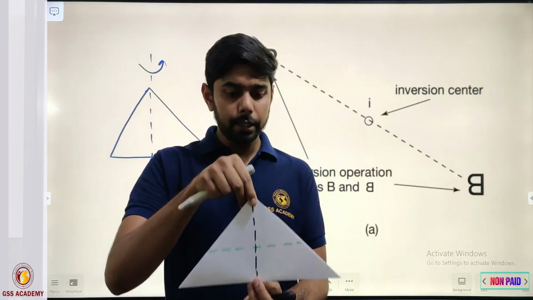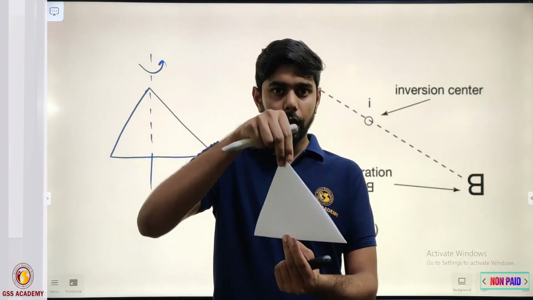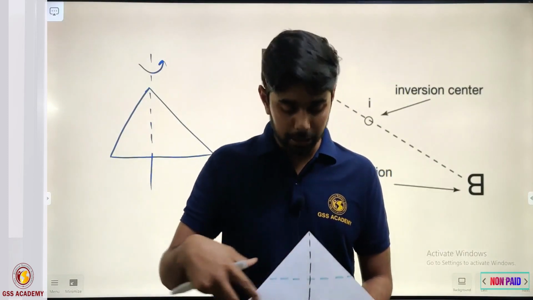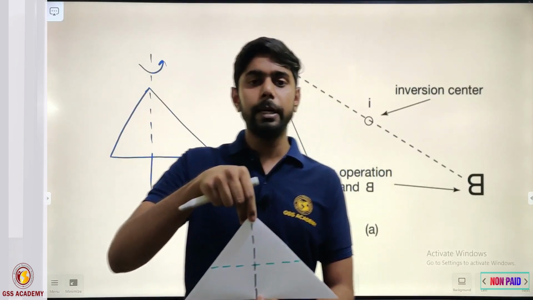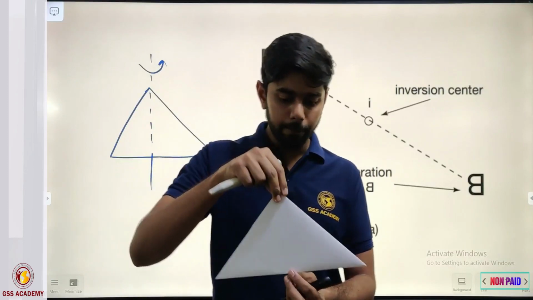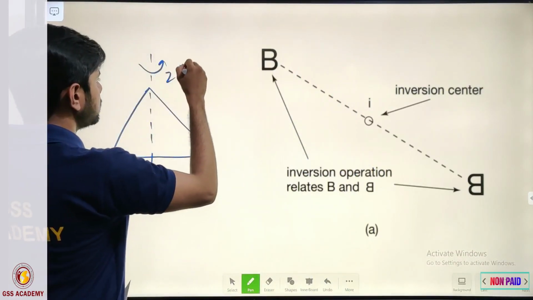I am holding the crystal in this position and rotating it through 360 degrees. I am getting the same face twice. This is the face we get after rotating it through 180 degrees. So we are getting the same face. It means this is a two-fold symmetry.